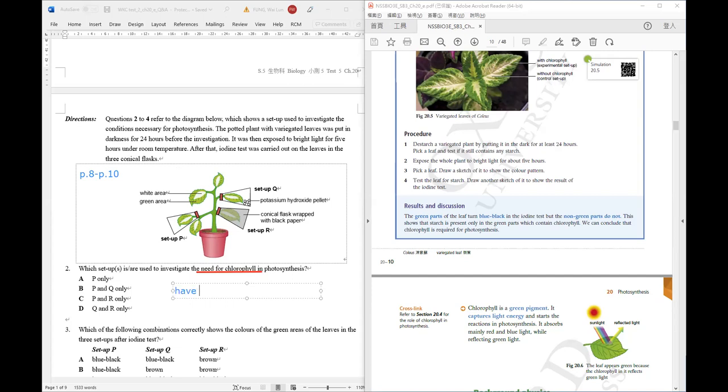Okay, have chlorophyll versus not have chlorophyll, plus all other necessary conditions.